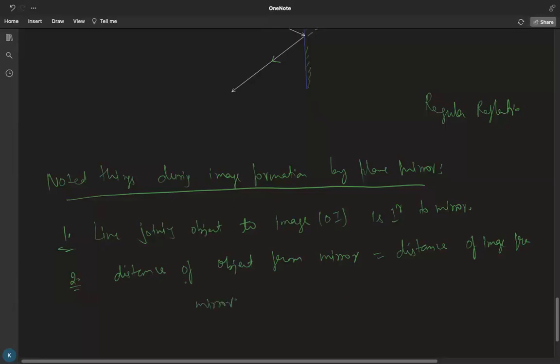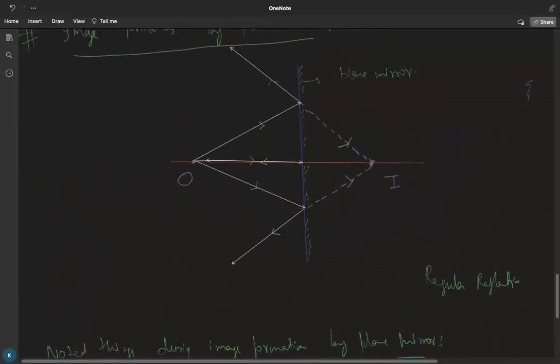What I'm trying to say is if you call the point on the mirror P, then OP is equal to PI. The first thing you have to notice is the normal is perpendicular to the plane mirror. And the second thing you have to notice is the distance between the object and the plane mirror is equal to the distance between the image and the mirror.